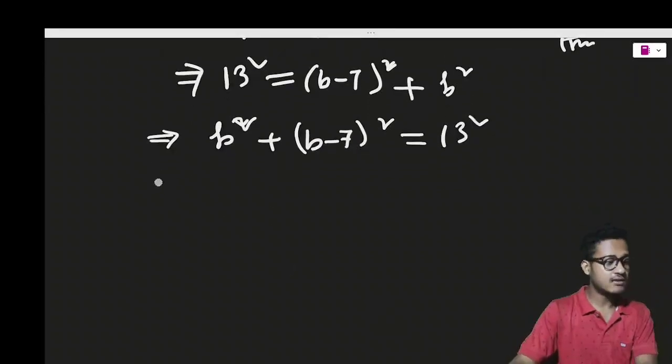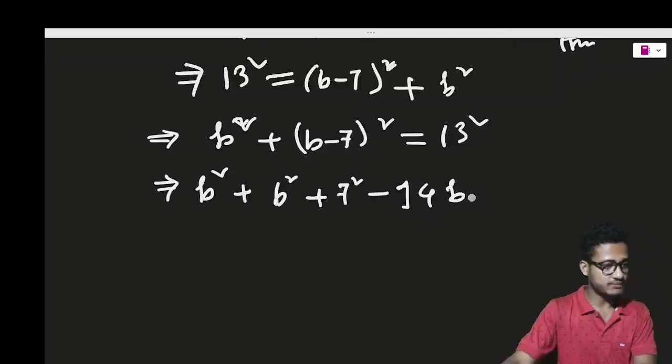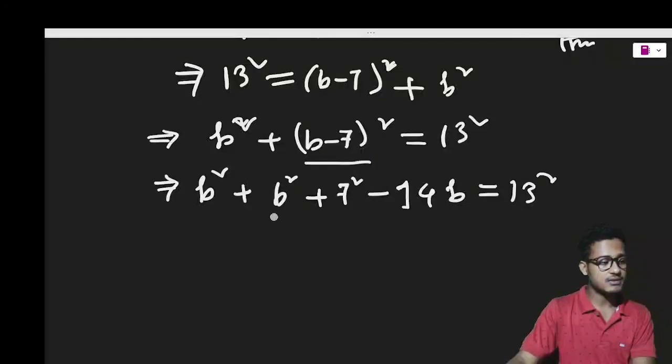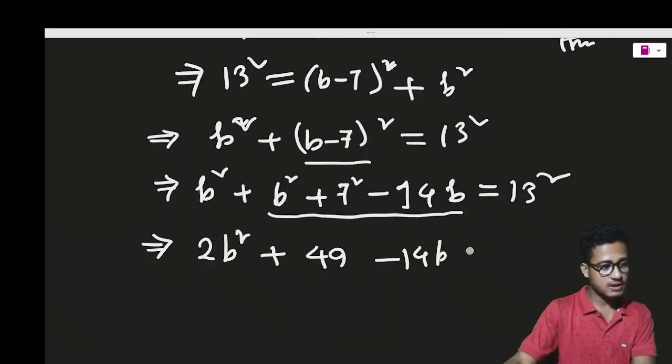Expanding, b square plus 7 square minus 2 into 7 into b, which is 14b, using the (a minus b) whole square formula. This will imply twice b square plus 49 minus 14b is equal to 169.